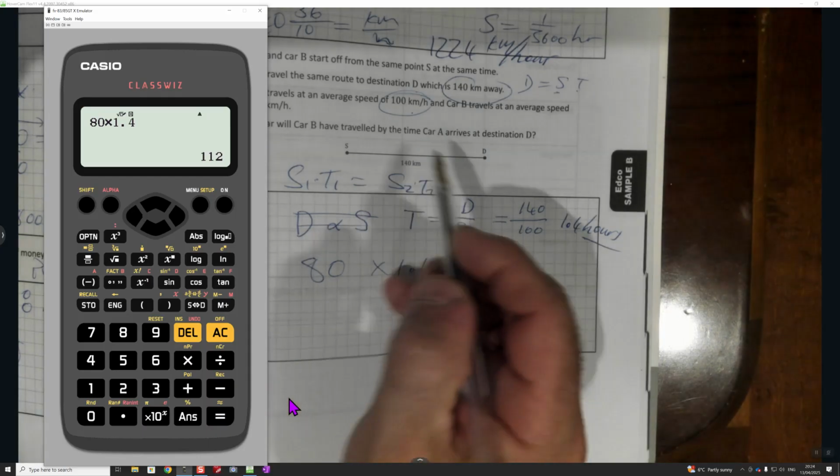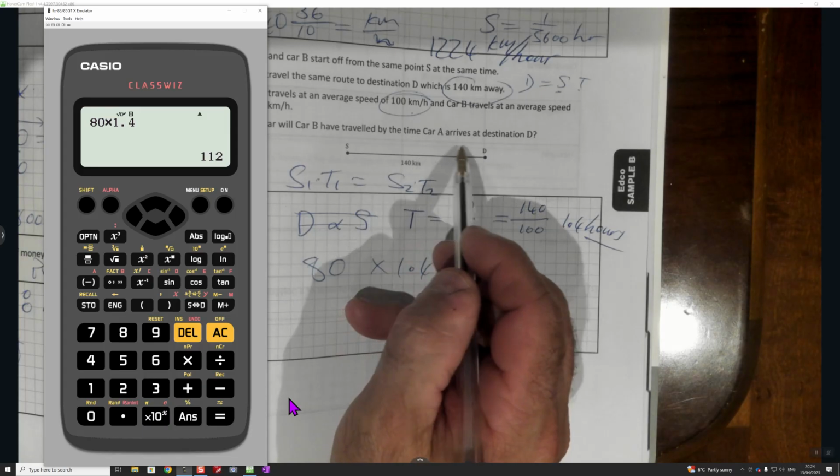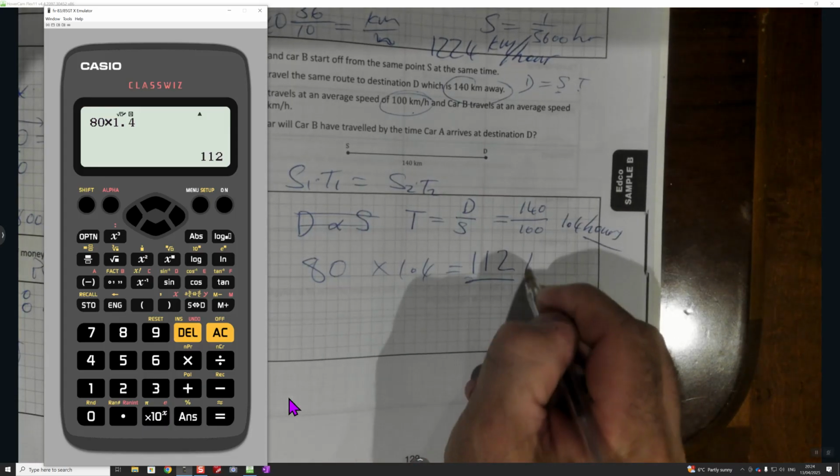And then the question is, how far will car B have travelled by the time car A is? And that's the answer, 112 kilometers.